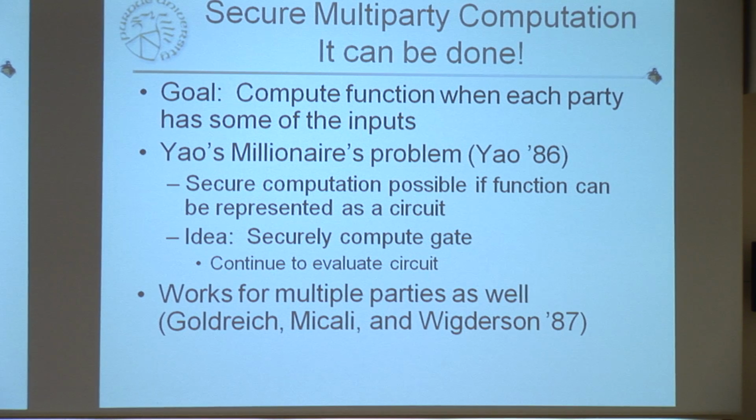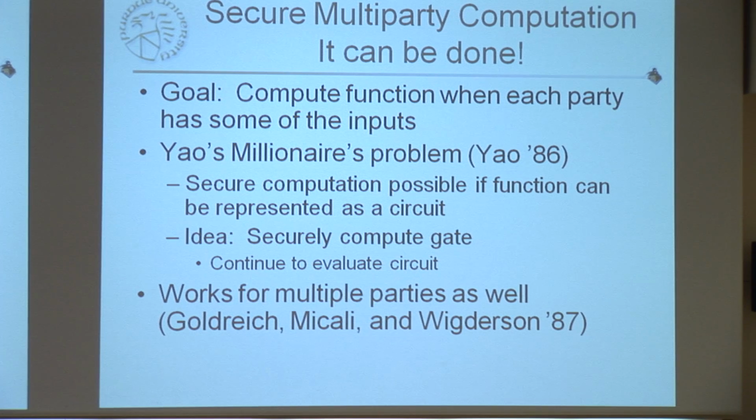So the idea behind this was, if we can represent a function as a circuit, which, for those of you who think back a while, you realize covers everything we typically think of as computable. What he showed was we can securely compute each gate with the outcome of that being shared, randomly split between the parties.